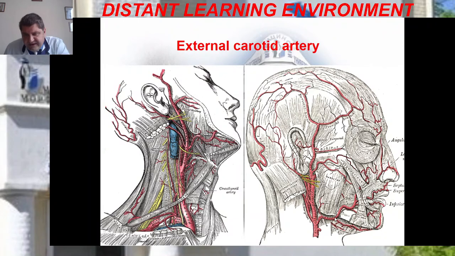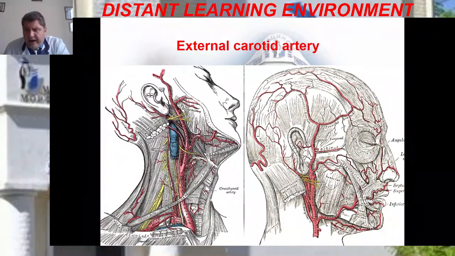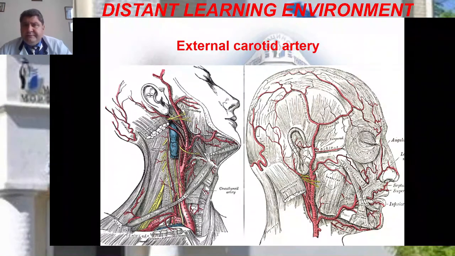You may see it here, and it goes to the angle of the oral fissure, the oral rima, and next it goes to the internal angle of the eye rima.